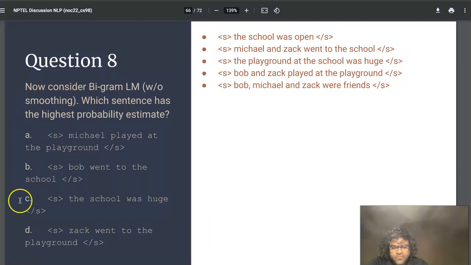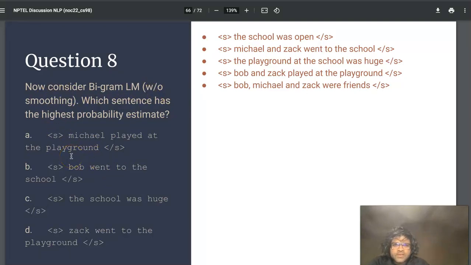And if we see these 4 options, you don't need to calculate any value. You can just tell without touching the pen. Just check the clue here, the without smoothing.